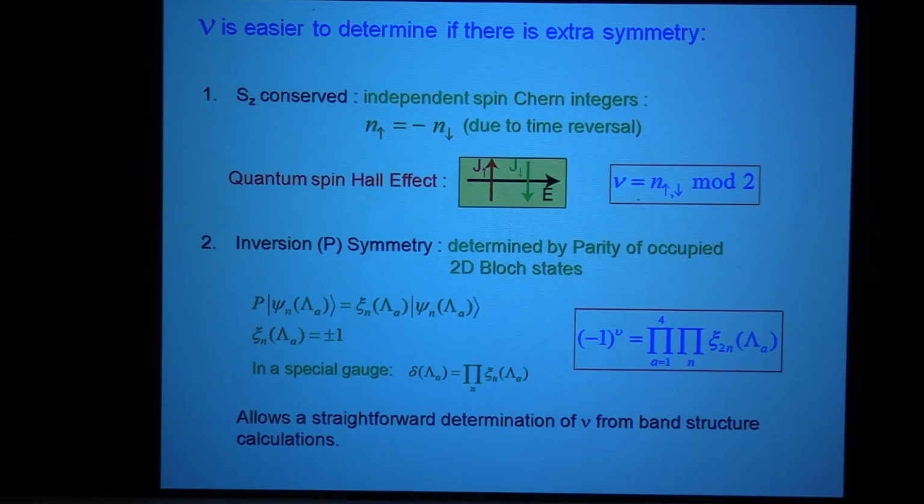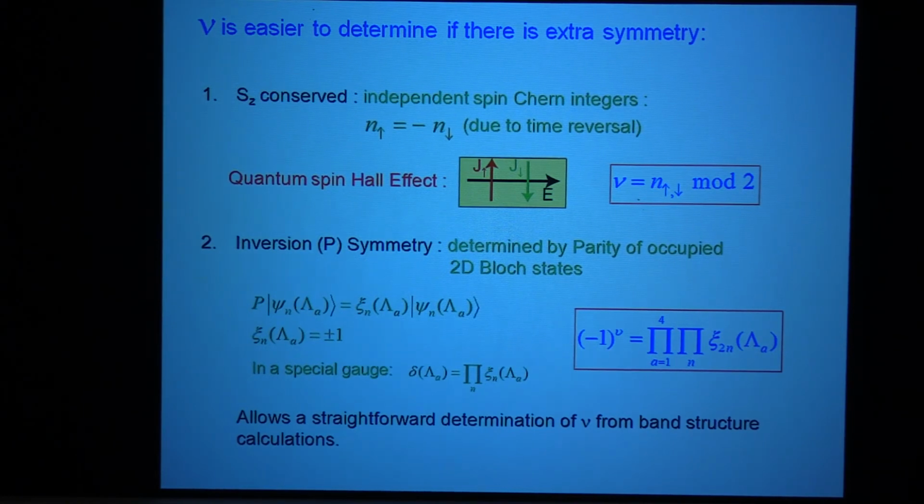So in a 2-dimensional band structure, there are 4 of these points where k and minus k are the same point. I can have (0,0), (π,π), (0,π), and (π,0). At all of those points, the eigenstates, if you have inversion symmetry, are going to be parity eigenstates, so they're either even or odd under parity.